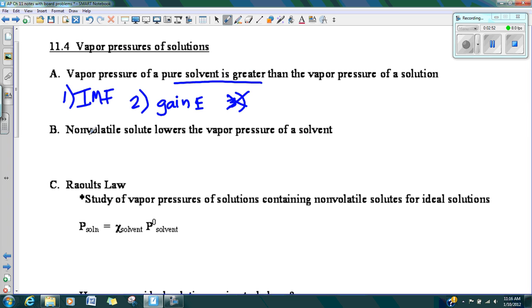Now, when we have a non-volatile solute, what a non-volatile solute means is that you don't have a bunch of interaction. So we're adding a solute and the particles are in the way of my solvent. So they're not able to vaporize as easily. So think about this.